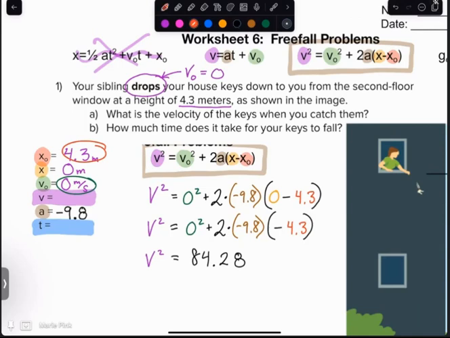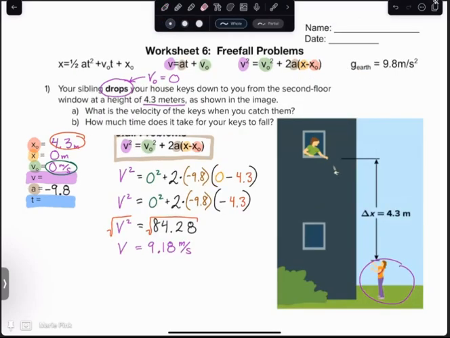And then to get rid of the square, I need to square root it because the opposite of a square is a square root. So I square root both sides. And I'll get a velocity of 9.18 meters per second.